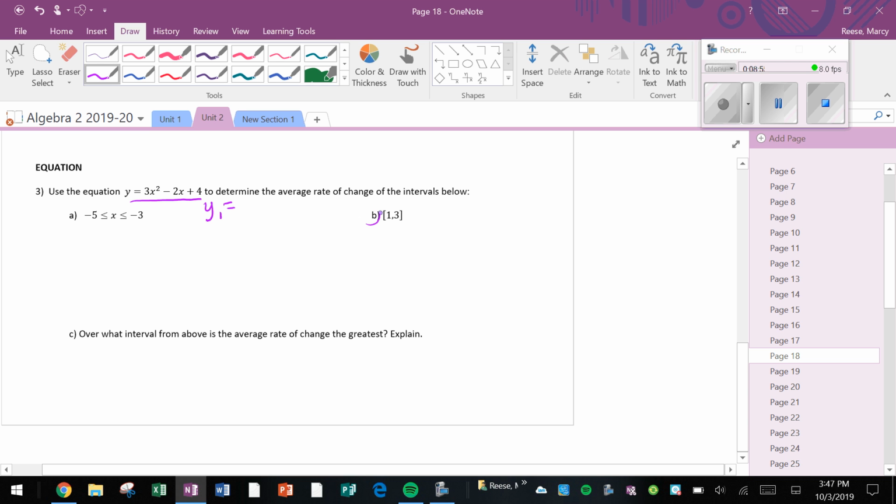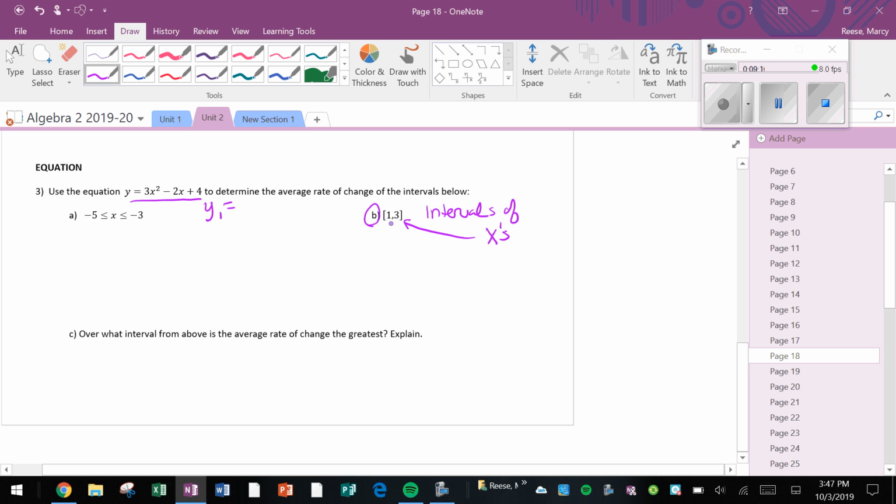I want to do B because I want to make sure that you understand what that is. This is interval notation, kind of like when we did the domain and range of our graphs the other day. These are intervals of x's.